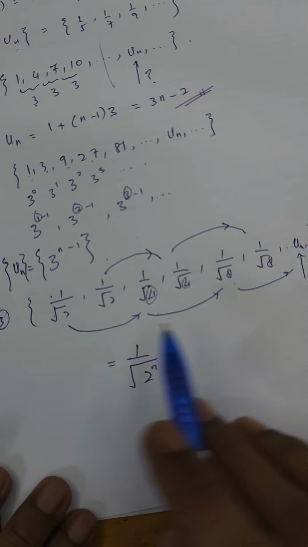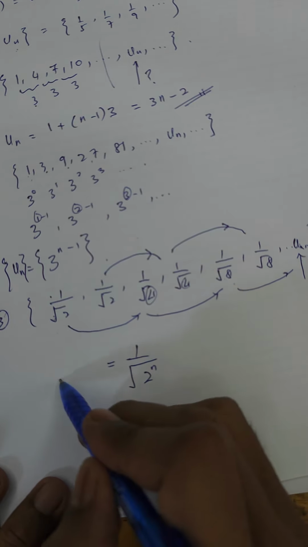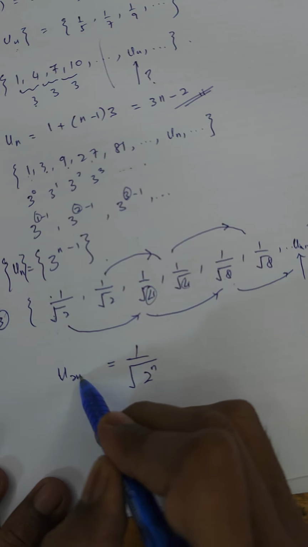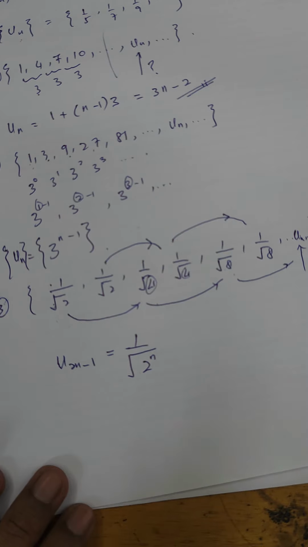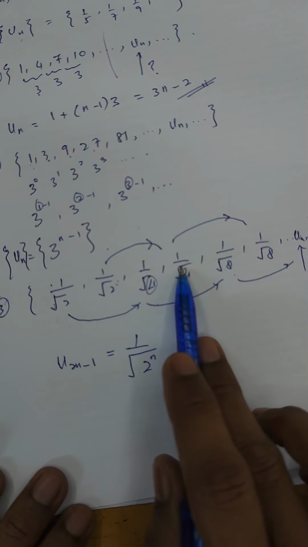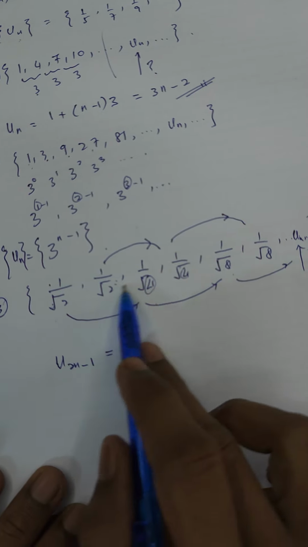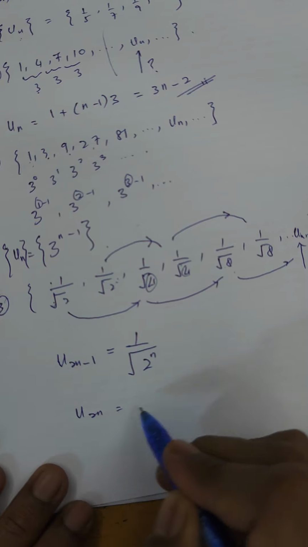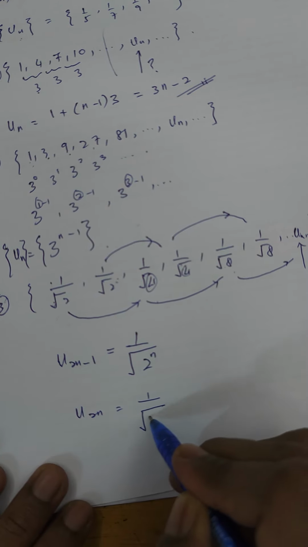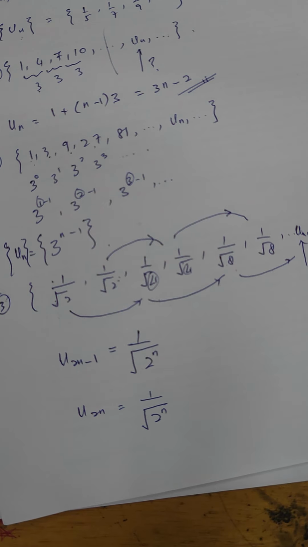Then this is first, third, fifth, and so on, so we have 2n minus 1. For even terms, they are similar, so we should expect the same formula. So u_2n gives you 1 over z^2n. So this gives you the n-th term of that sequence.